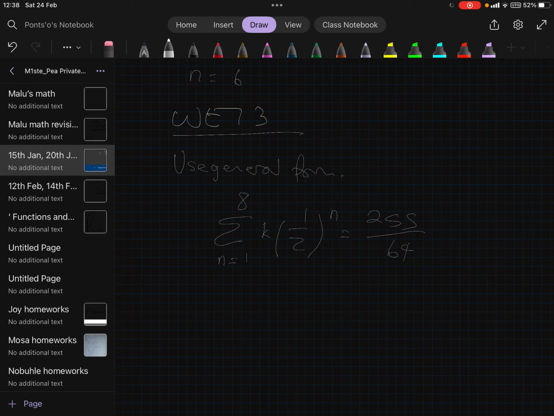Page 34, worked example number 13. Our objective is to find the sum of the geometric series to determine k.